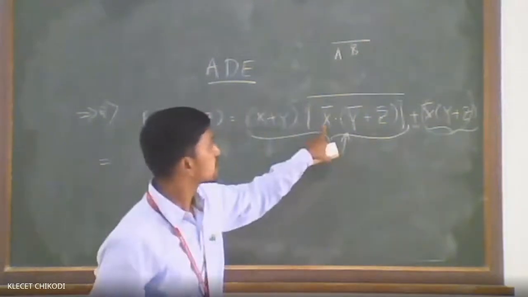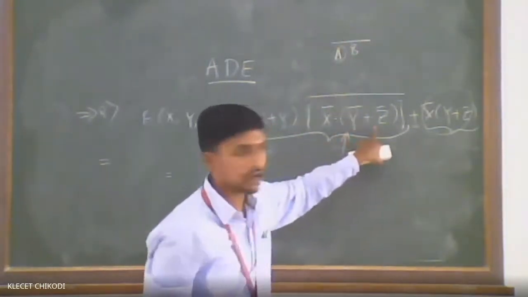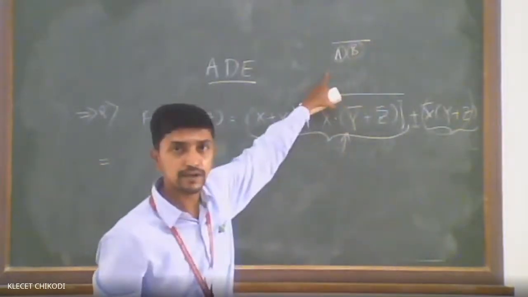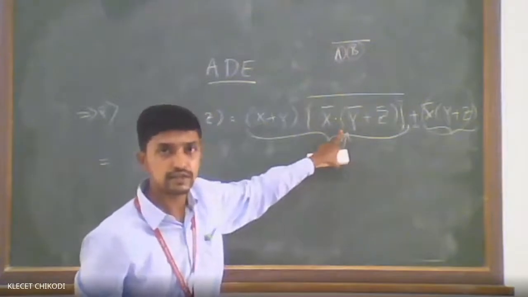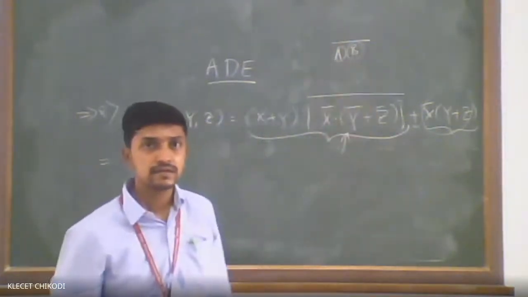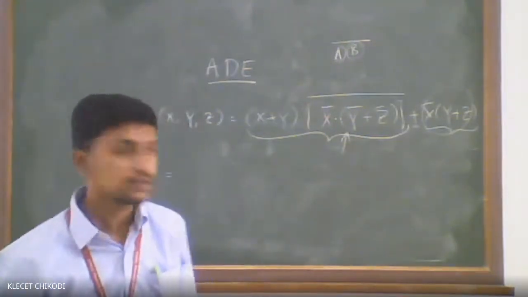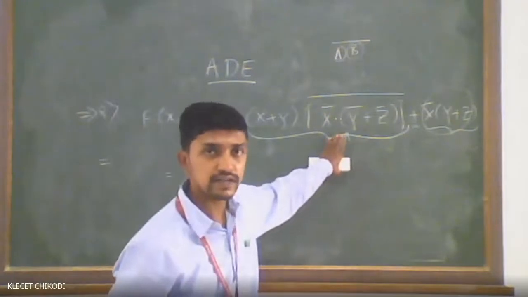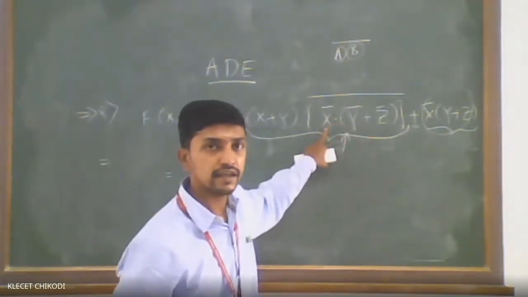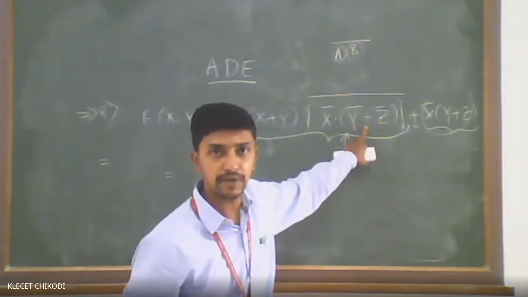If you consider x bar as a and y bar plus z bar as b, then how is it looking? Is it clear? I am considering this term as a into b whole bar, taking x bar as a and y bar plus z bar as b.